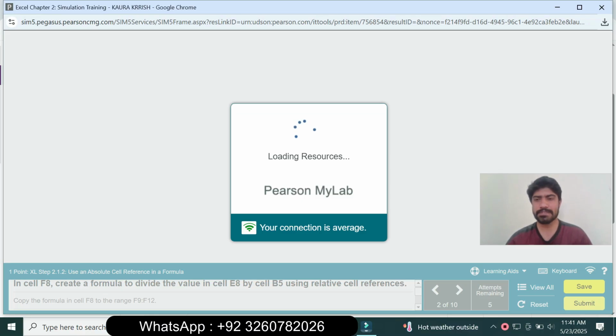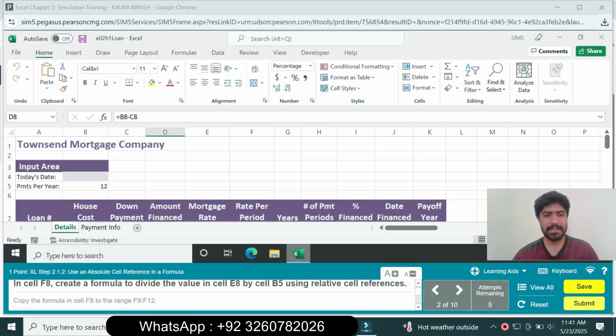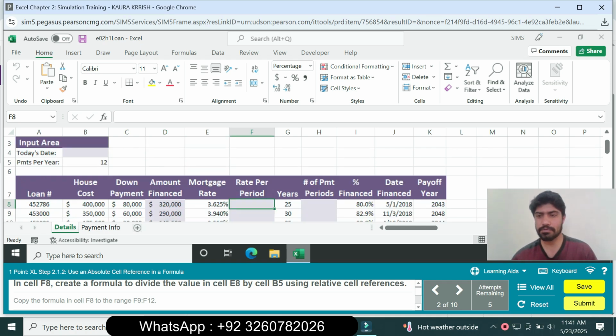Question number 2 is: in cell F8, create a formula to divide the value in cell E8 by cell B5 using the relative reference. So select cell F8 and create the formula to divide the value E8 by cell B5.